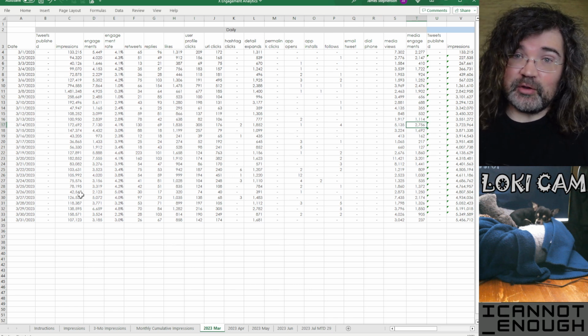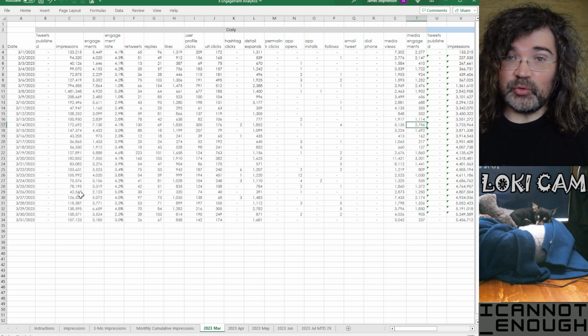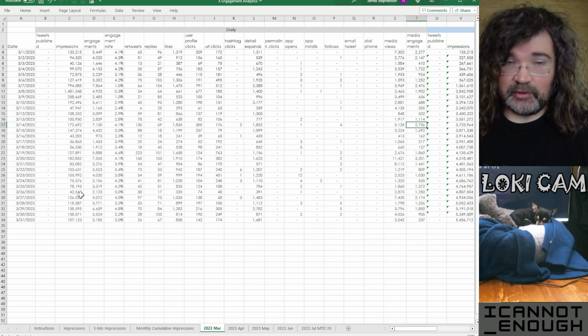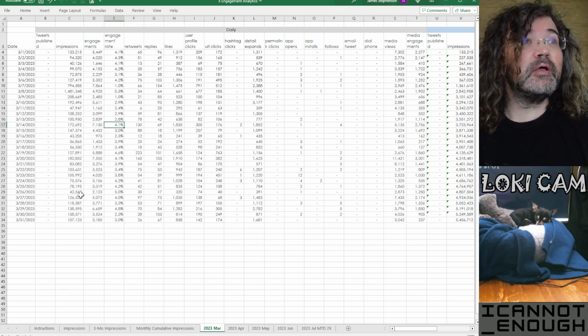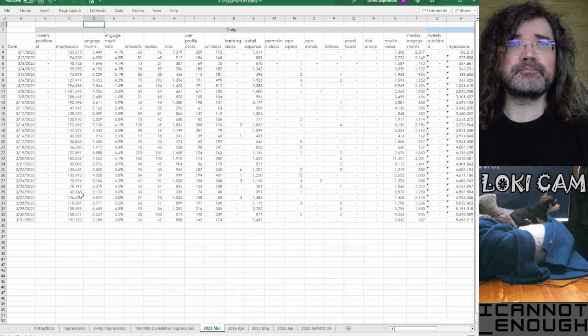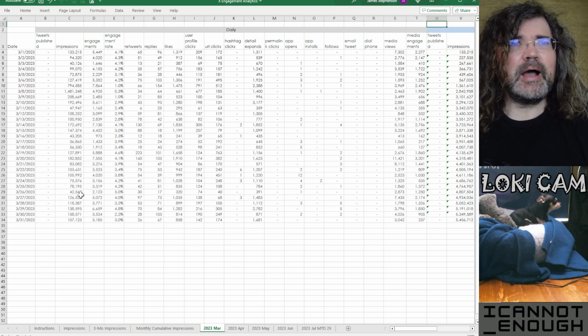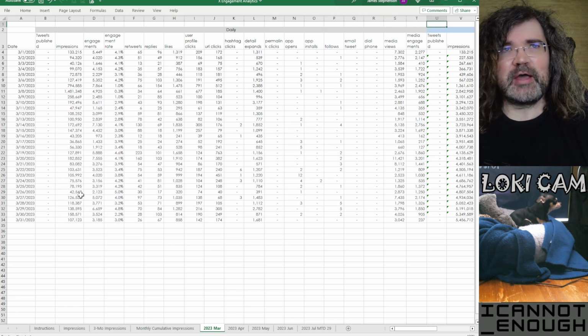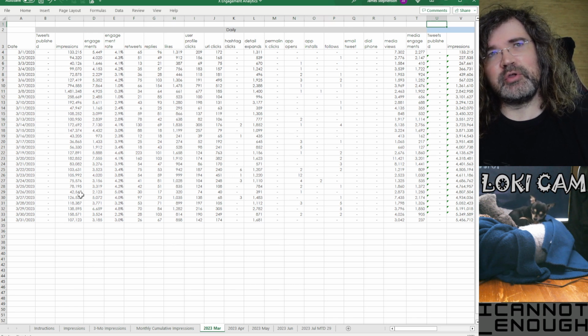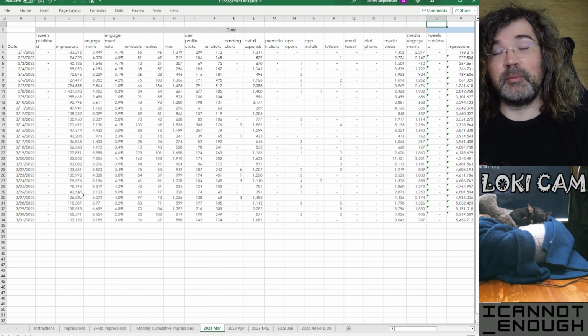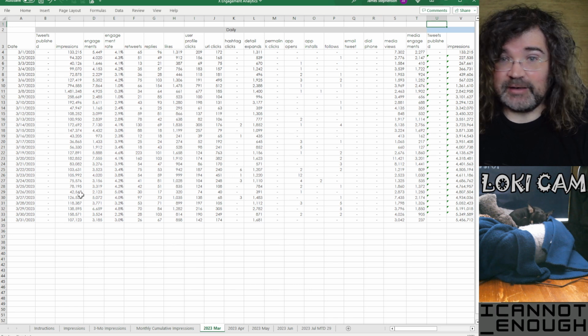But the only one of these that matters for whether you qualify for ad sharing revenue or not is impressions here in column C. Also, after it gets to the end of this first section, it just gives you all of your paid promotion data, which I didn't need for anything.